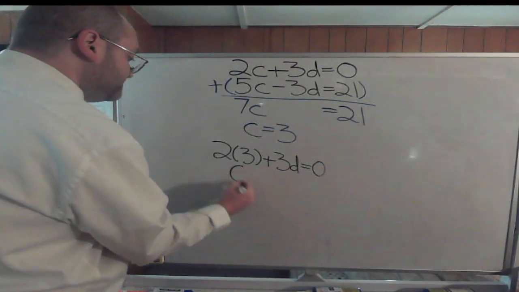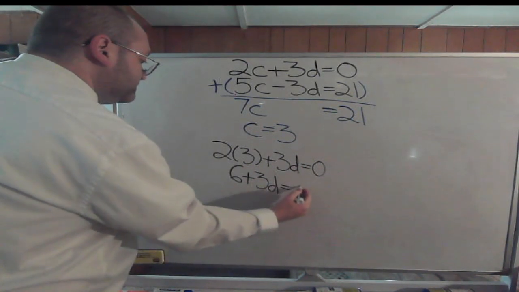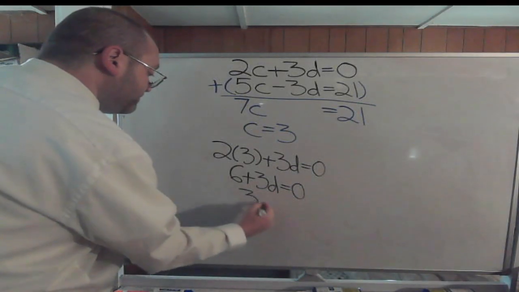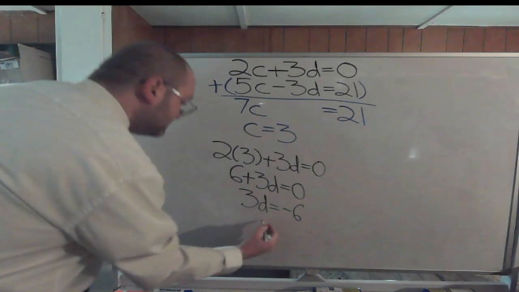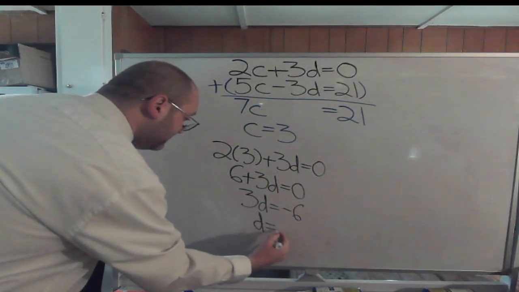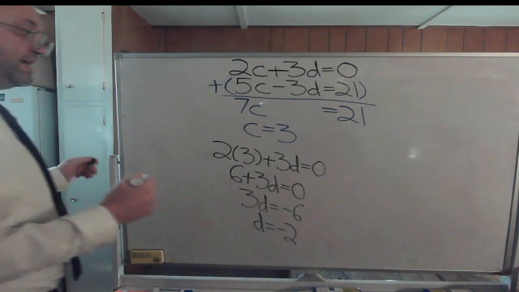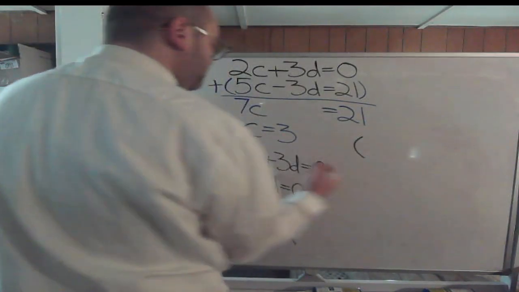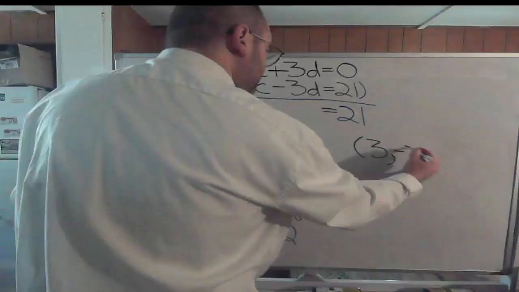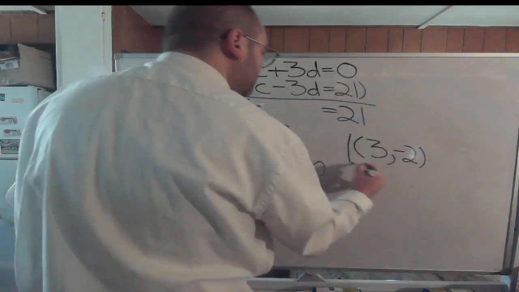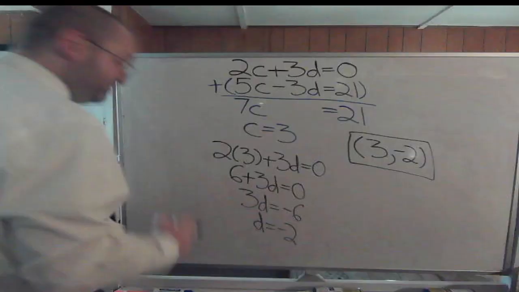That means you'll have 6 plus 3d equals 0, which would give you 3d equals negative 6. That means d equals negative 2. So the d coordinate for the solution is negative 2. So the ordered pair you should get for your solution would be 3, negative 2.